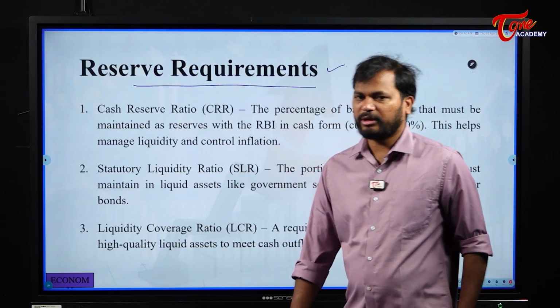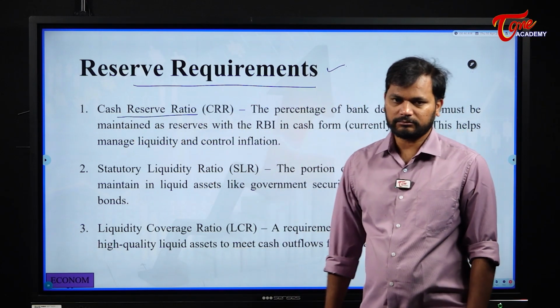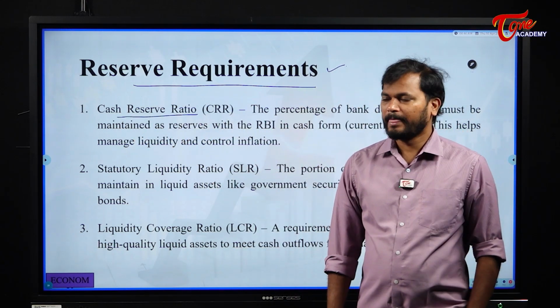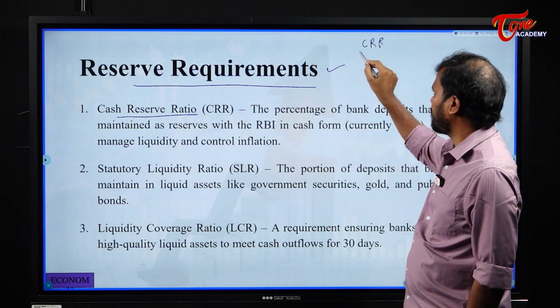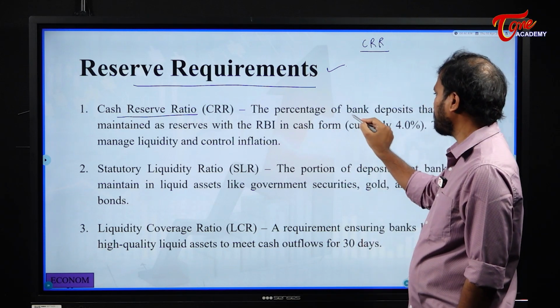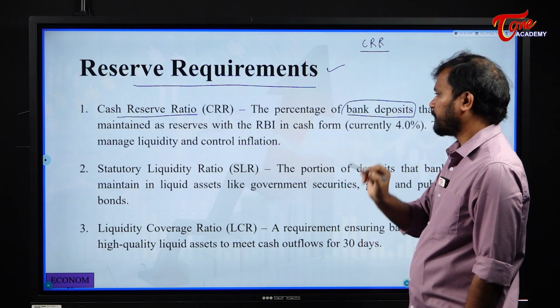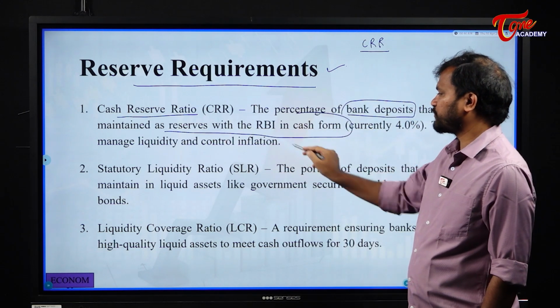Now, reserve requirements. The first one is the cash reserve ratio, nothing but the CRR. It means the percentage of the bank deposits that must be maintained as reserves with the RBI in cash form.